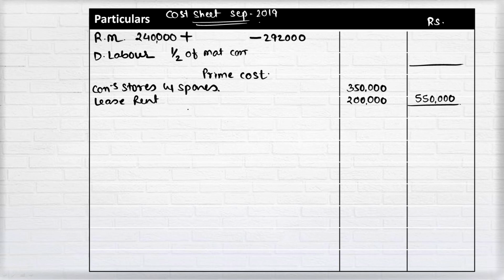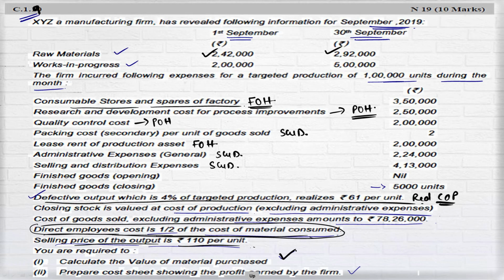I will be getting gross factory cost. Add opening WIP minus closing WIP. Both are given.